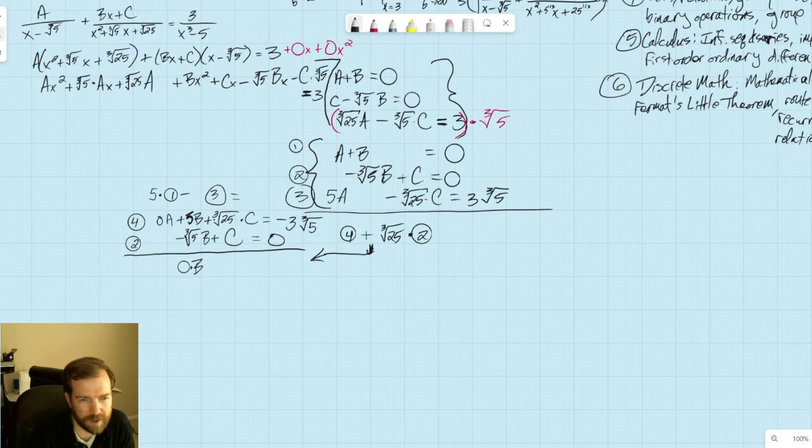Okay, so up here we've got a cube root of 25 times c. Down here we now have another cube root of 25 times c. So that's going to be 2 cube roots of 25 times c is equal to equation 4 is negative 3 cube roots of 5. So then we divide by this stuff, and so c is going to be equal to, haha, we have an actual number now. Negative 3 over 2 times the cube root of 5 over the cube root of 25.